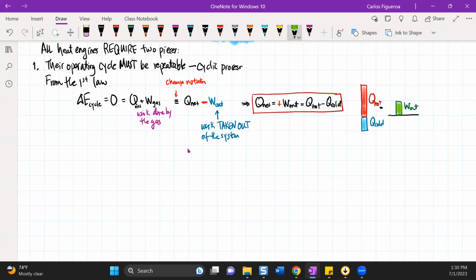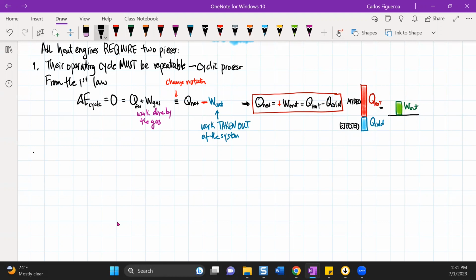If we didn't write it this way, we would have a negative sign, and that's a little bit harder to interpret. So once again, this is the heat added, and this is the heat that was ejected.